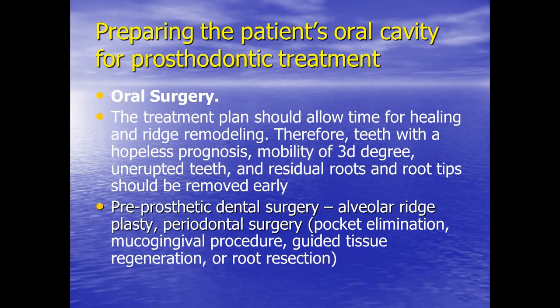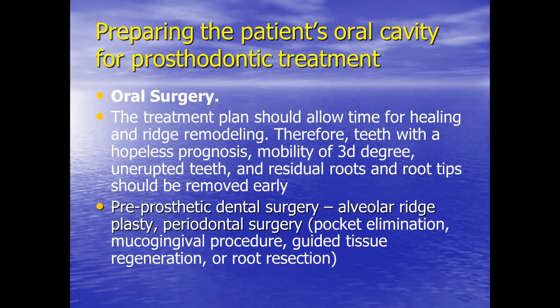Okay, then what can we get as a help from oral surgeon? First of all, this is to extract the bad teeth and roots. And definitely we should take into consideration that healing of sockets is usually quite a long procedure.